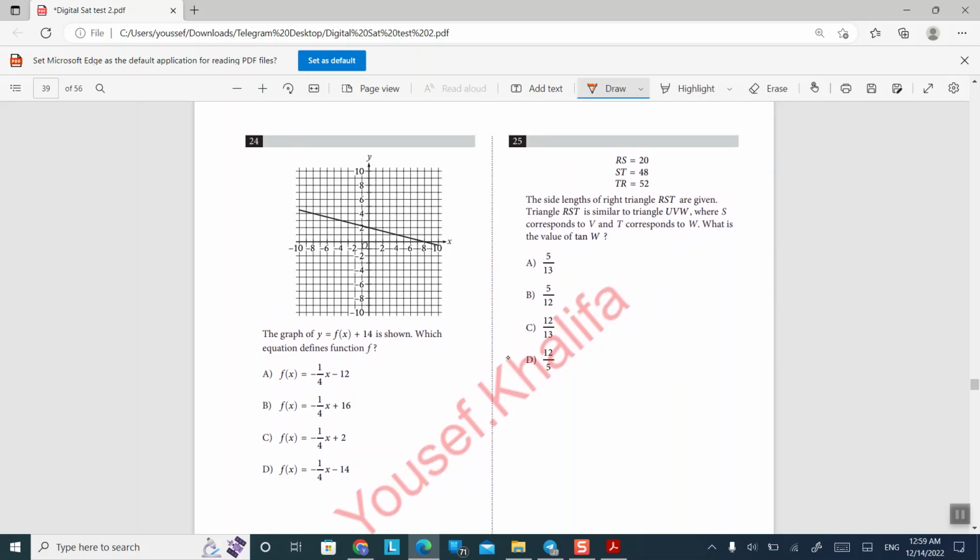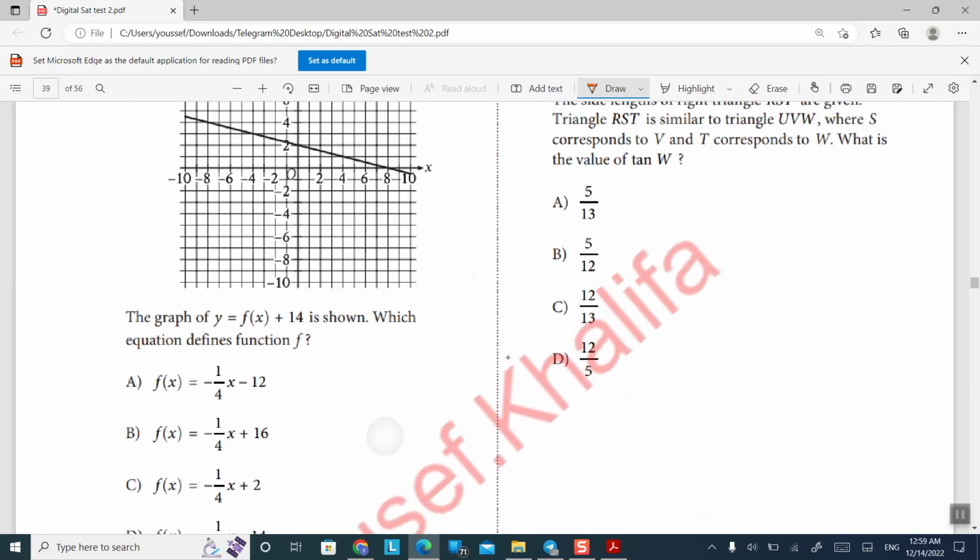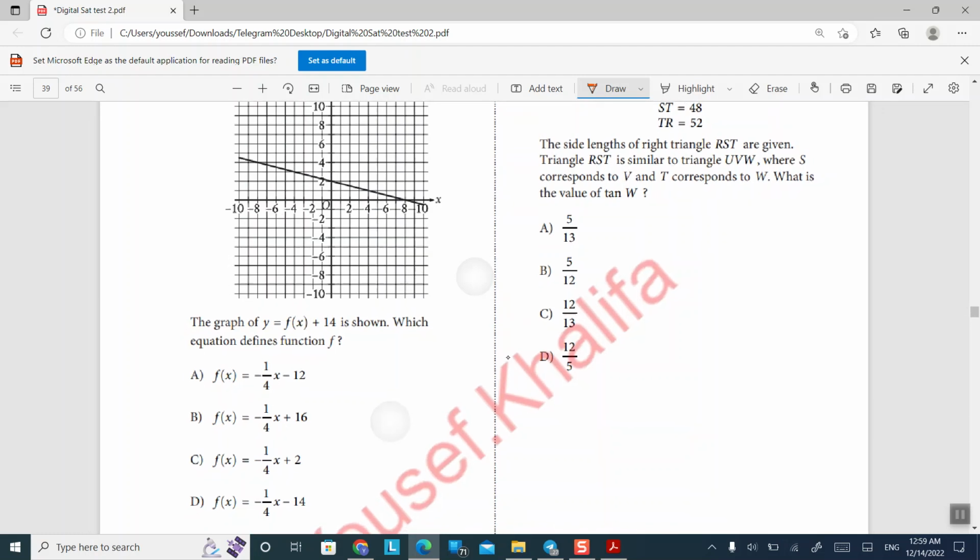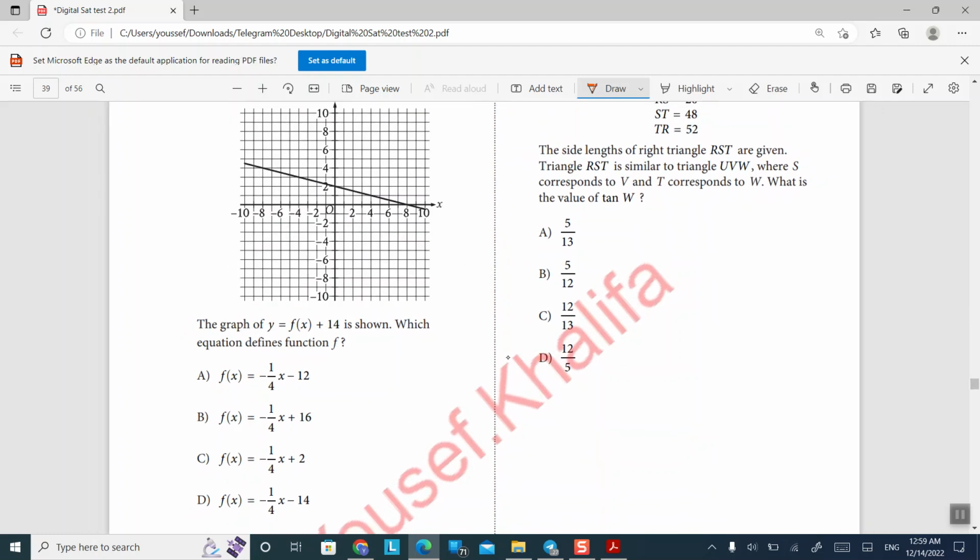The graph of f of x plus 14 is shown. Which equation defines function f? So this function f of x plus 14 is shown, but it's shifted upward 14 units.